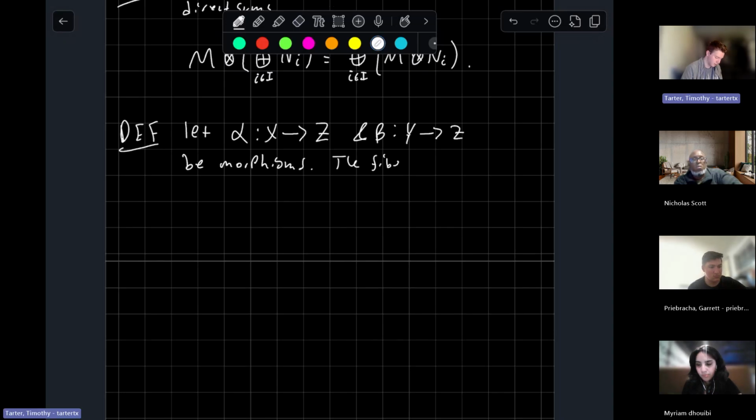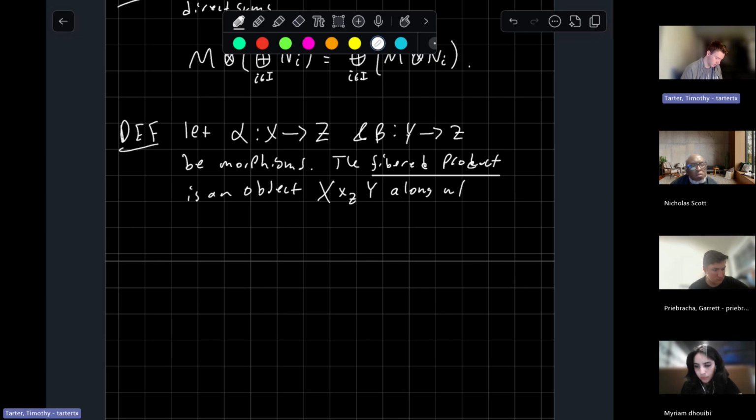The fibered product is an object X fibered product over Z of Y, along with morphisms.